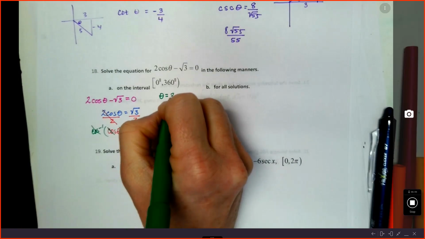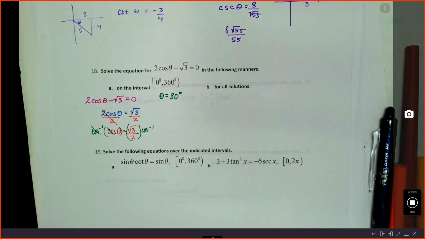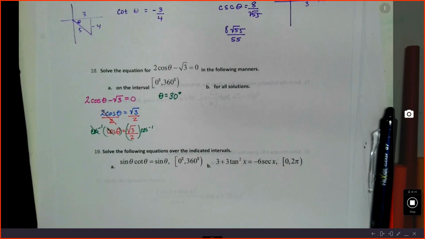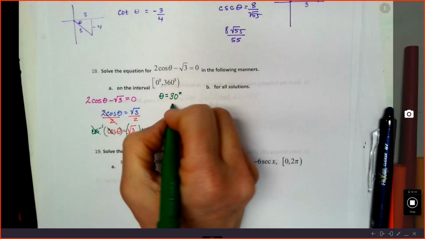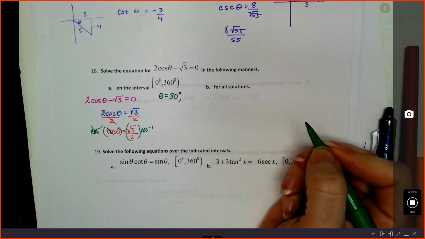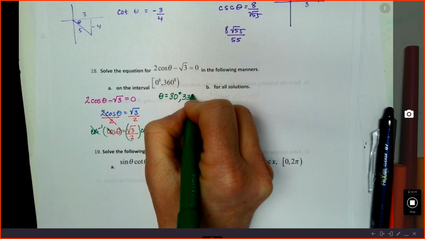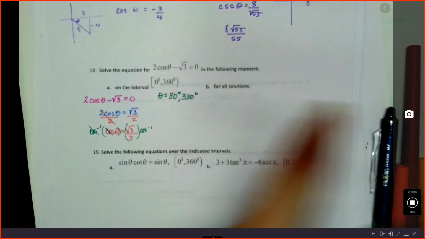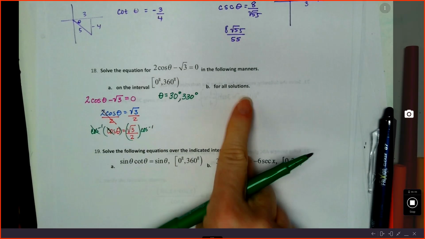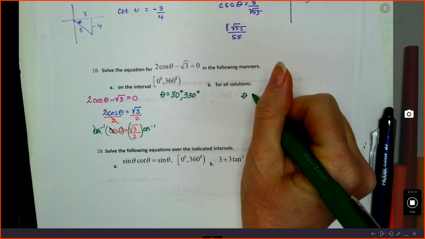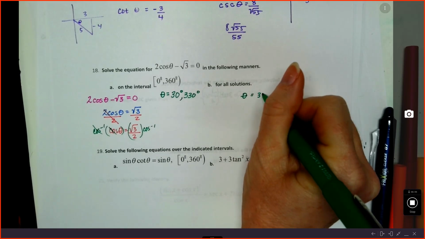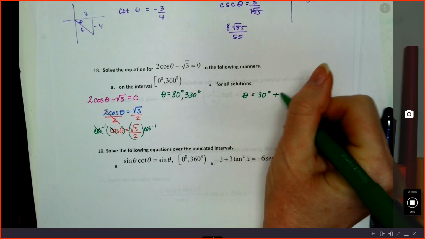Solid 30. And cosine is also positive in what other quadrant, so what other angle am I using? We're in quadrant 1, so 4. The 30 angle in 4 is going to be 330. Yep. If you did this, then for all solutions, you just have to add 2 pi n.